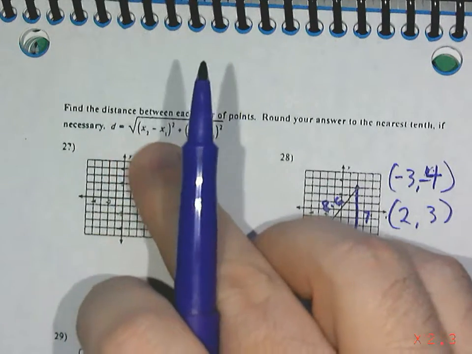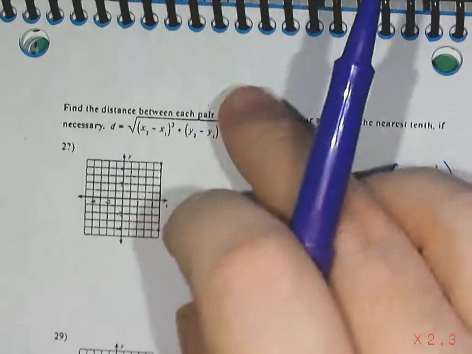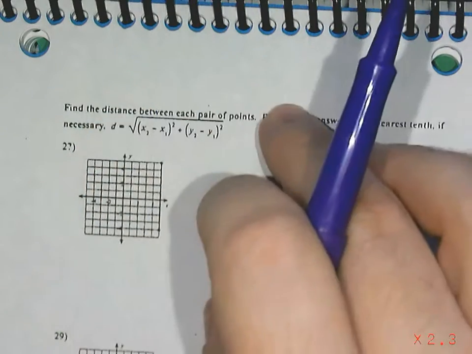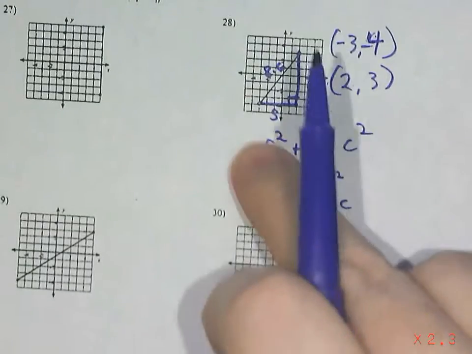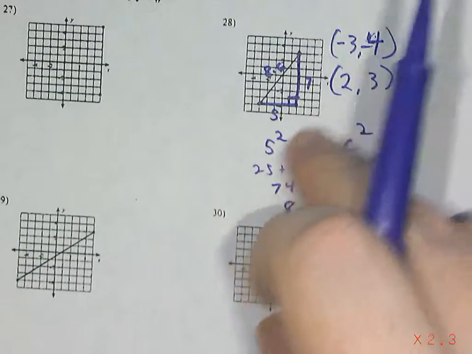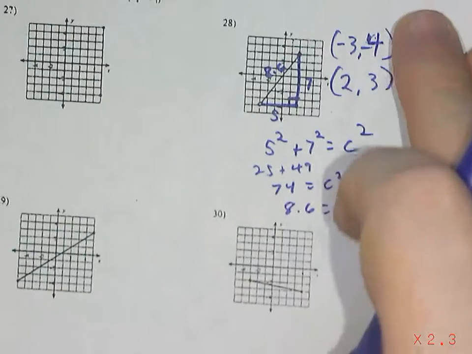So you get one number and square it, add it to another number that you square, then add them together, and then you square root. Pretty much the same thing you do with the Pythagorean theorem, right? Square a number, square another number, add them together, and then square root, and you get your answer.